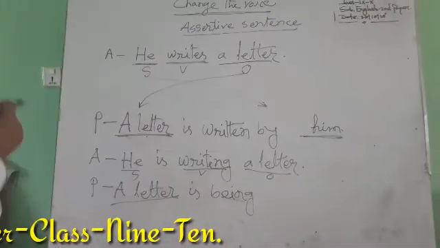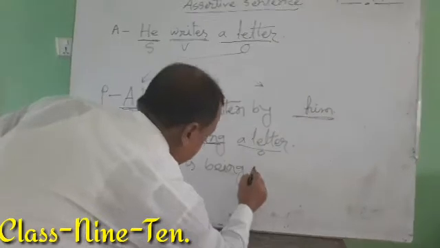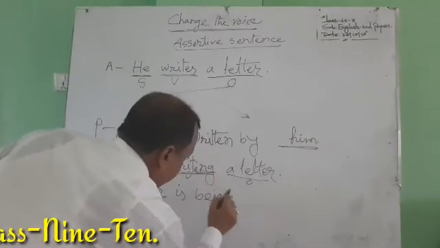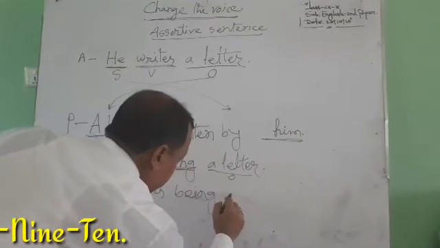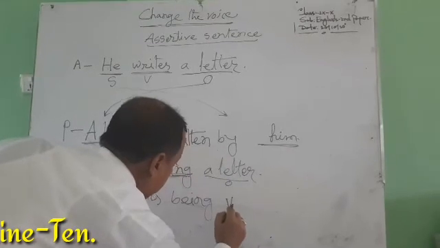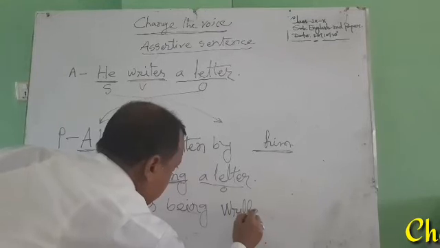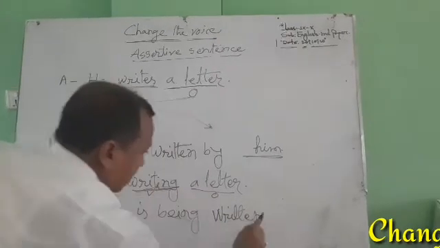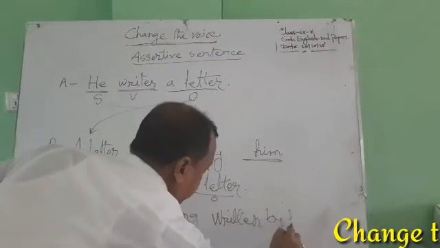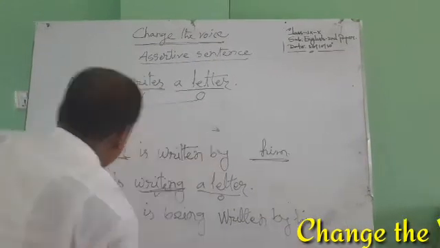A letter is being. Main verb V3, that means verb of past participle form. Written by him. Present continuous.